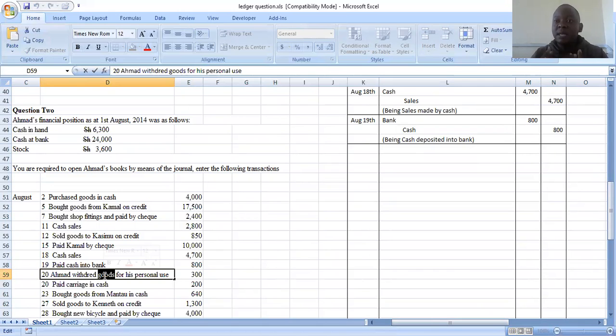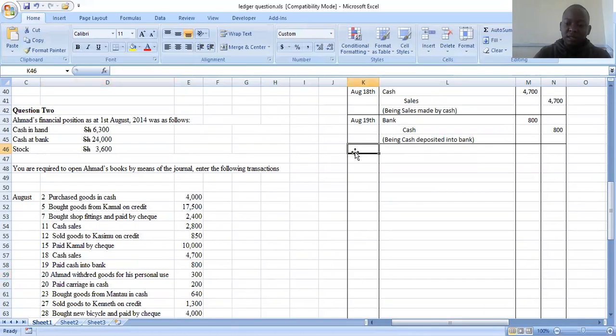Whenever an expense is decreasing, we credit. Whenever it is increasing, we debit. So therefore we debit drawings account in this case, and credit purchases account.